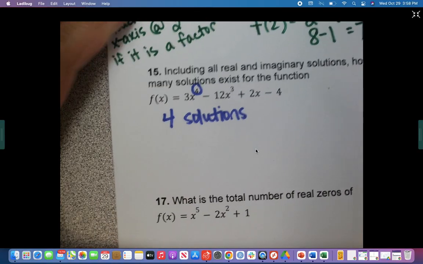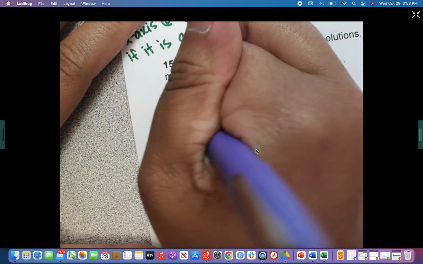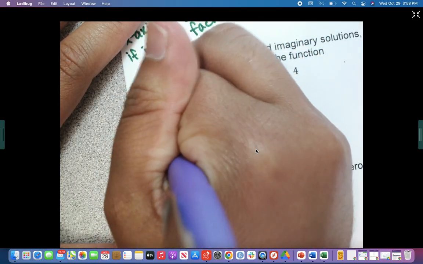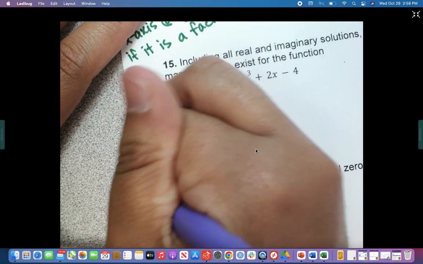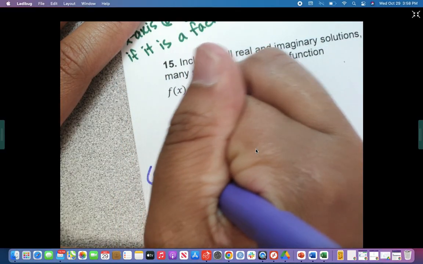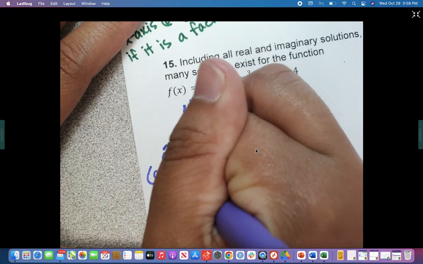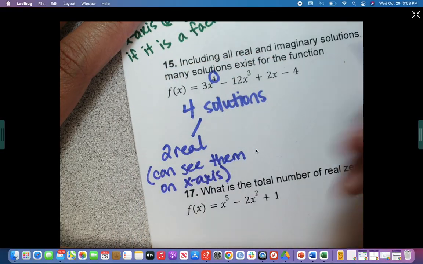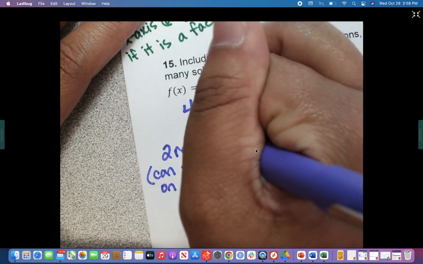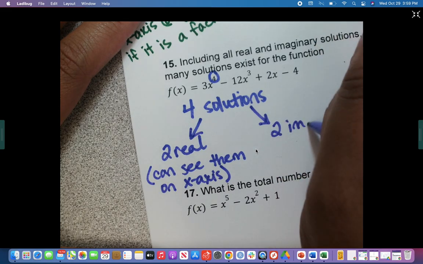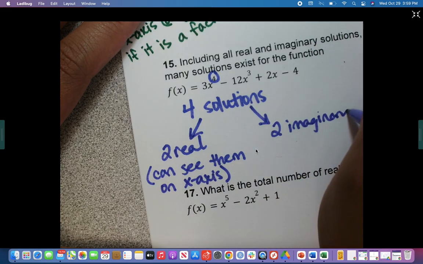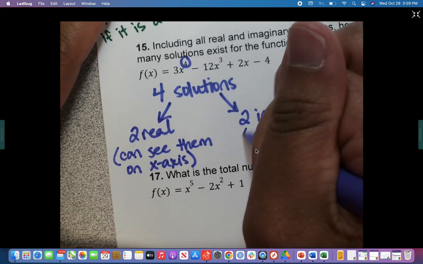So 4 solutions in total. We've got 2 real, so we can see them, and we've got 2 imaginary because we can't see them.